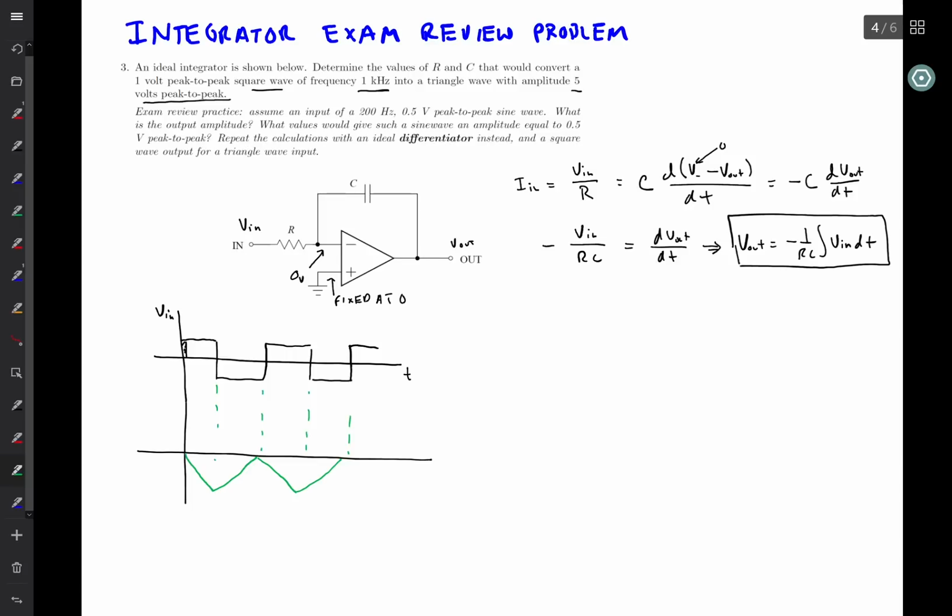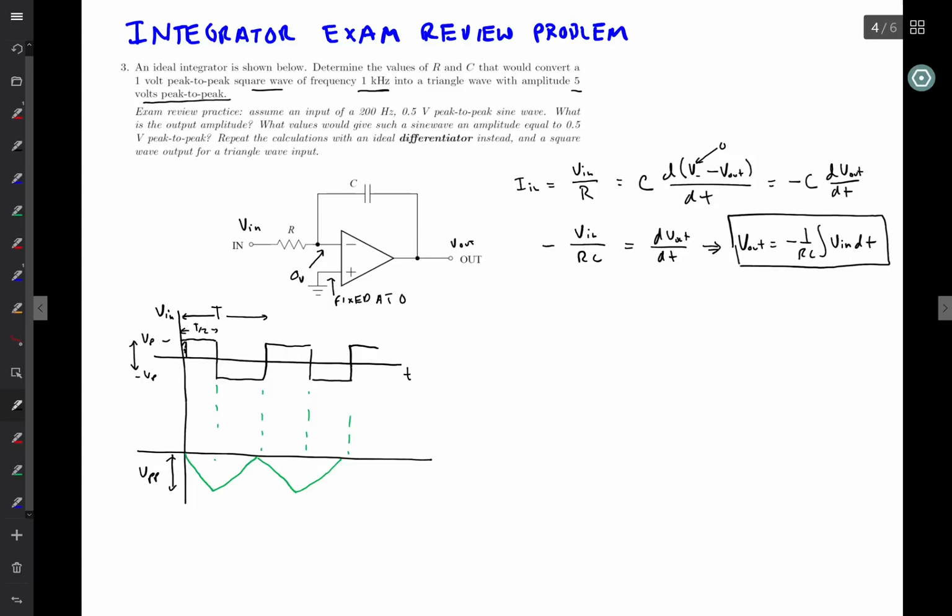So you can see by this construction that the peak value, that's V peak positive, and that's going to be minus V peak. The peak to peak is twice that. Whereas on the output, that amount there is the peak-to-peak voltage. And the full period of the square wave is this distance. So this here is T over 2.